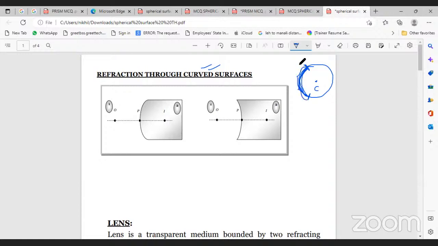This small portion is what we call an aperture. I'm going to consider only this portion now. This is what we call the spherical surface or a curved surface.